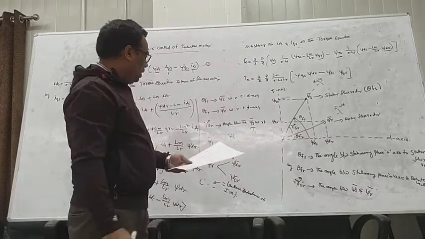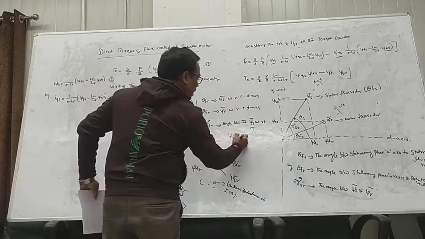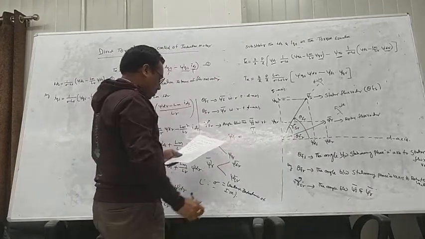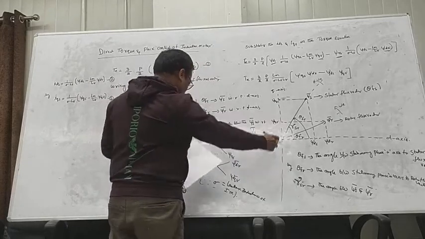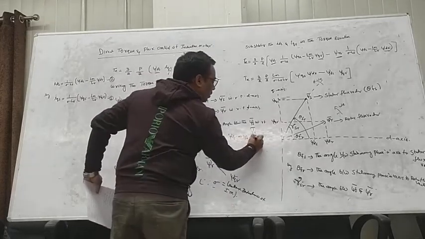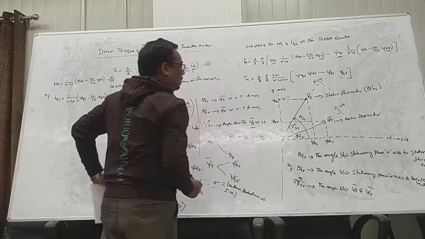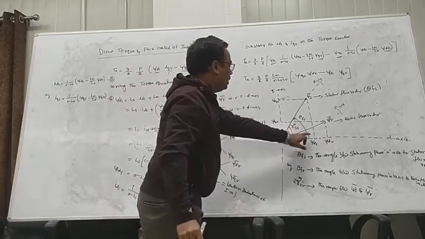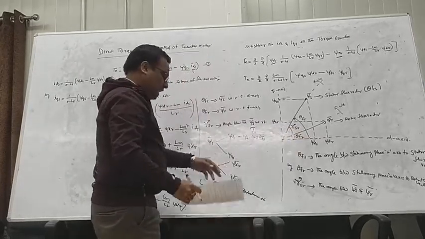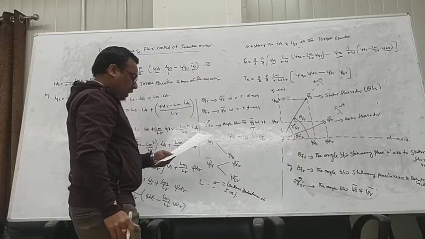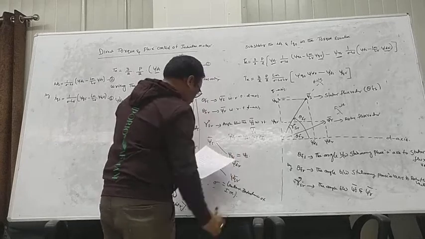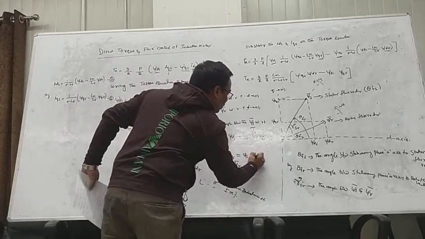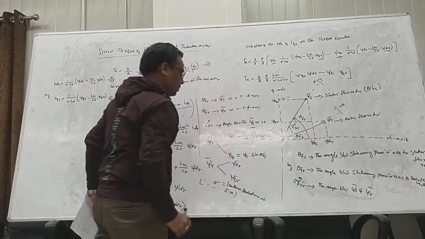So psi ds is equal to psi s cos theta fs, which is the horizontal component. Similarly, psi qs is equal to psi s sine theta fs.